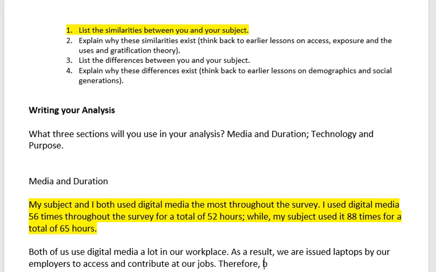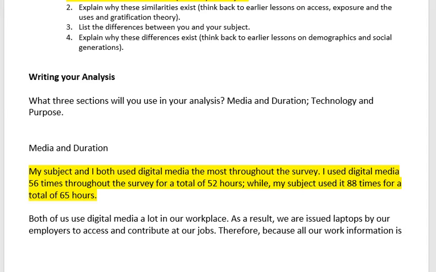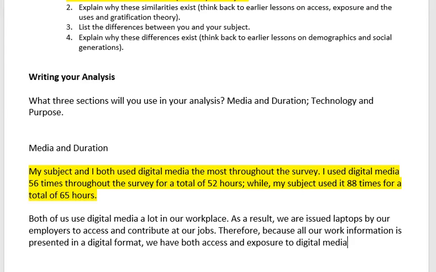Therefore, because all our work information is presented in a digital format, we have both access and exposure to digital media.